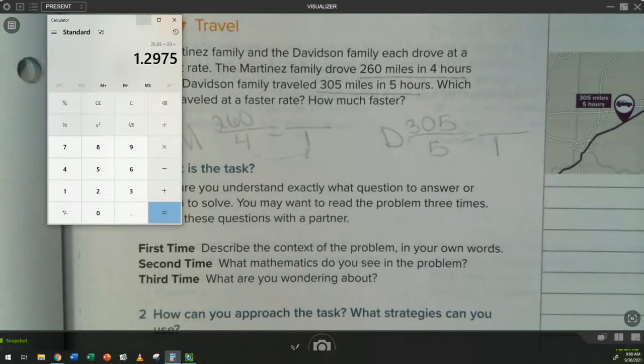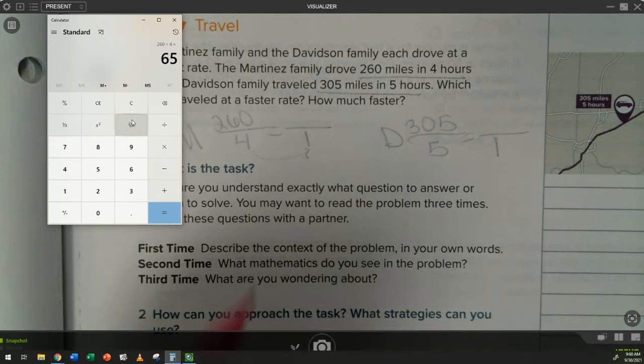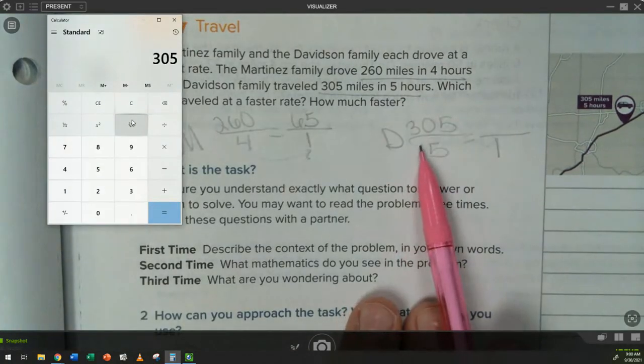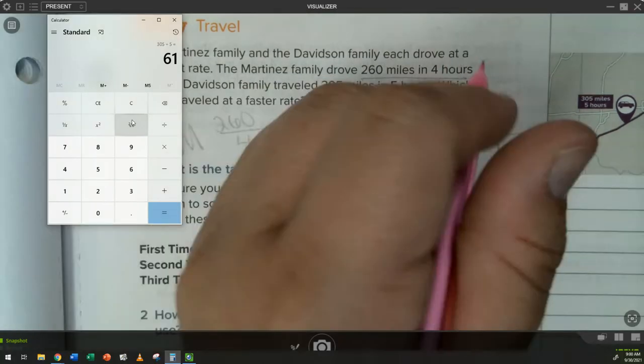It's always okay. 260 divided by 4. Oops. Apparently I'm faster than my calculator. Let's try that again. 260 divided by 4. So their rate was 65 miles per hour. The Davidson family, 305 divided by 5, was 61 miles per hour.